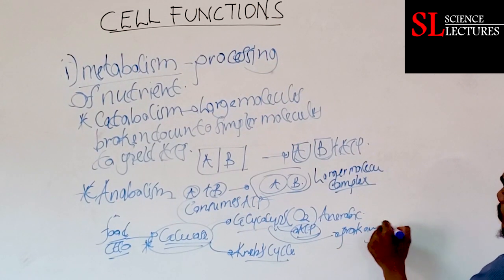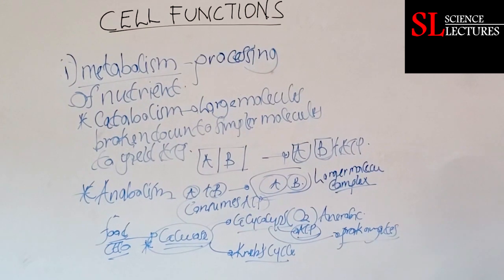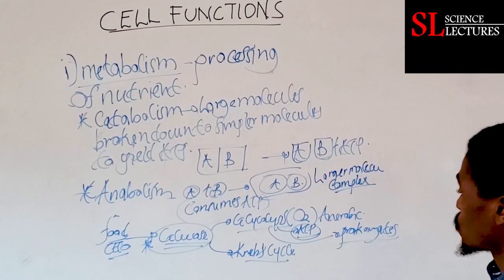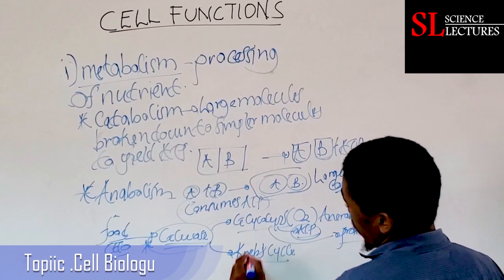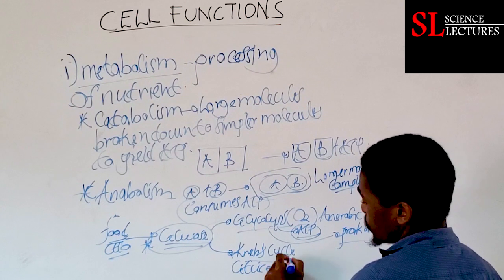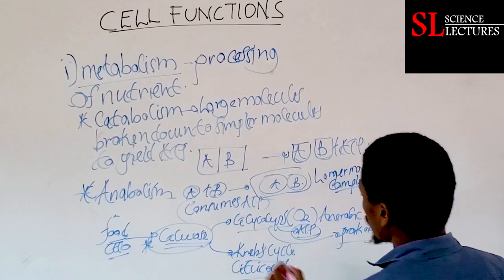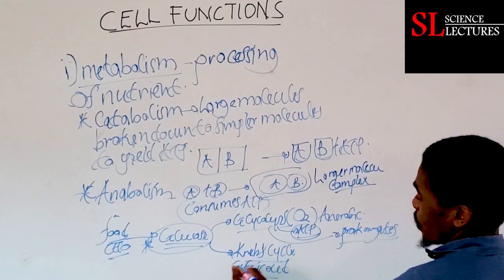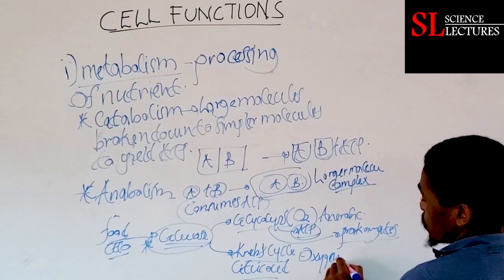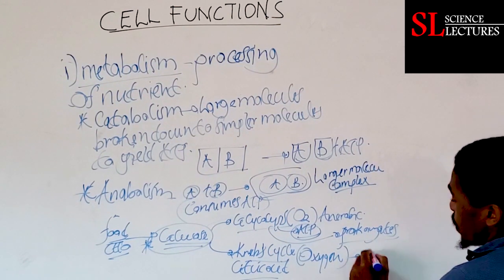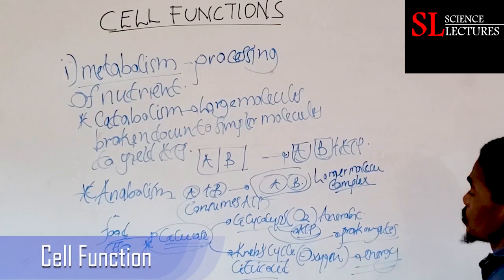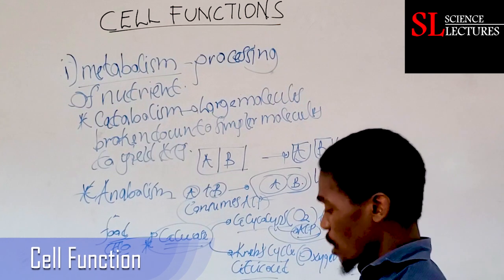So prokaryotes utilize glycolysis for provision of energy in form of ATP. Now let's look at the Krebs cycle, also known as the acid cycle. This one involves presence of oxygen to yield energy. So the Krebs cycle will yield much more quantities of energy as compared to glycolysis.